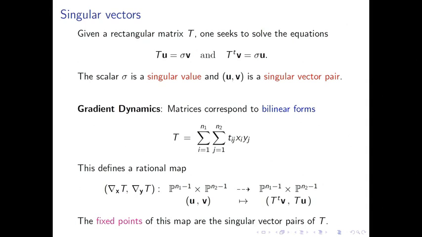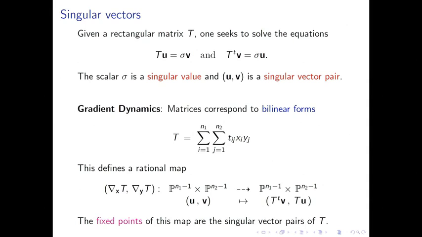Let's look at the gradient vector. Let's take the partial derivatives of a bilinear form. That's naturally split up: there's the gradient with respect to the x's, and then the gradient with respect to the y's. Every partial derivative with respect to an x variable is a linear form in y, and every partial derivative with respect to y is a linear form in x.